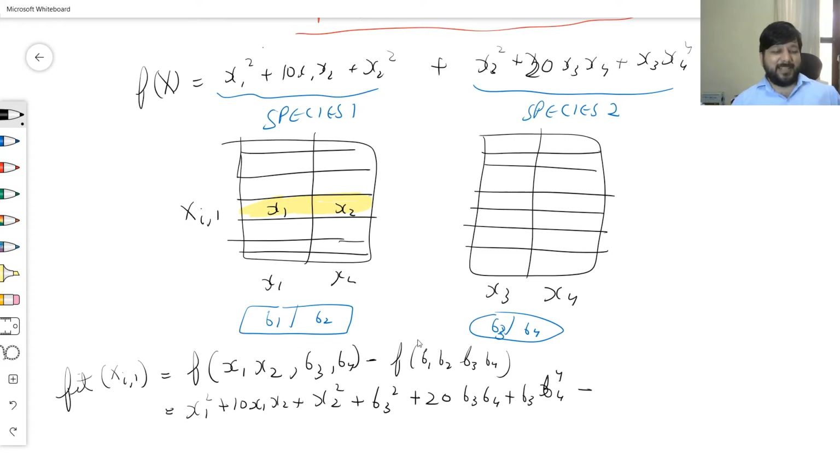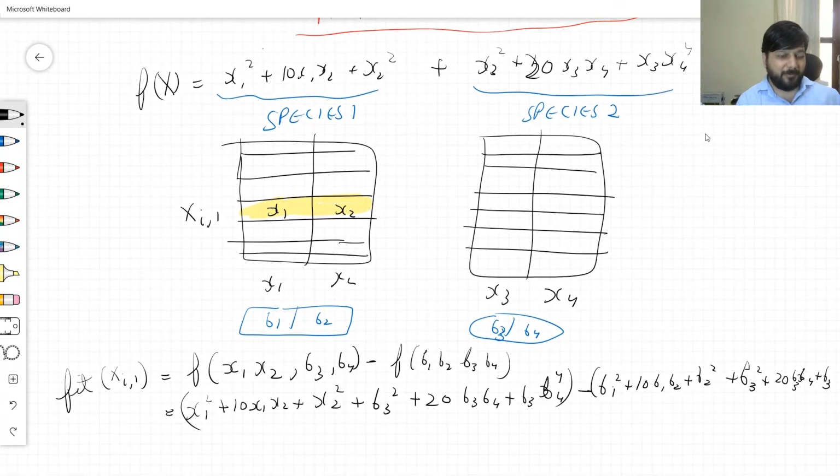now this one really doesn't matter because we'll be using ranking and this one is just a constant, but still let me write it up because I have been doing it. So b1 square plus 10 b1 b2 plus b2 square plus b3 square plus 20 b3 b4 plus b3 b4 to the power 4.